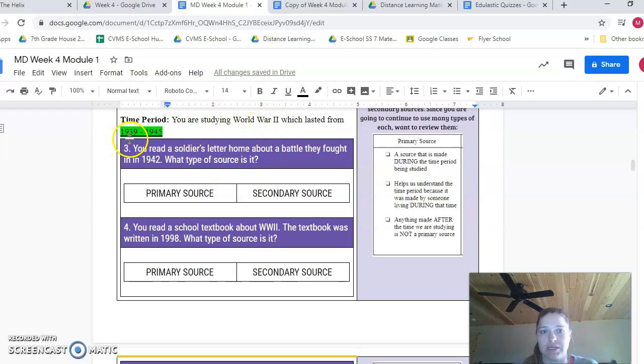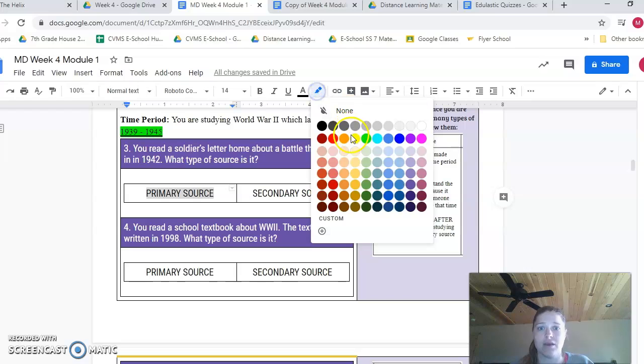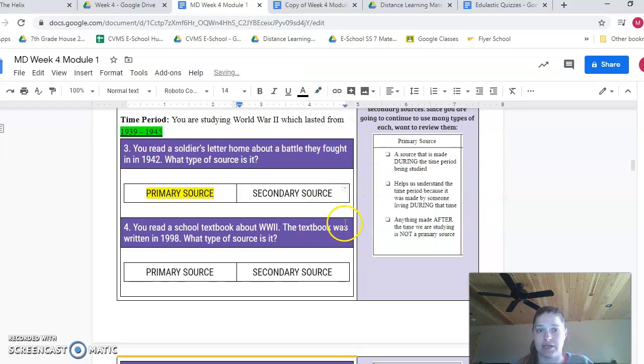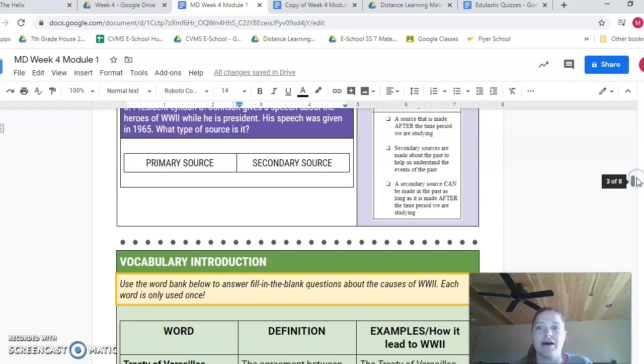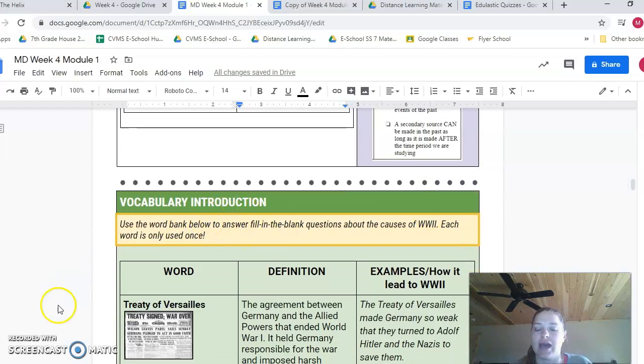If World War II occurred from 1939 to 1945, well, he wrote it in 1942. So yes, it is happening at the time. He wrote a letter, meaning his own words, about something he experienced, this battle that was during World War II. So this source here is a primary source. Okay? You need to finish 4 and 5, and then you can click back on a video for the vocabulary instruction.